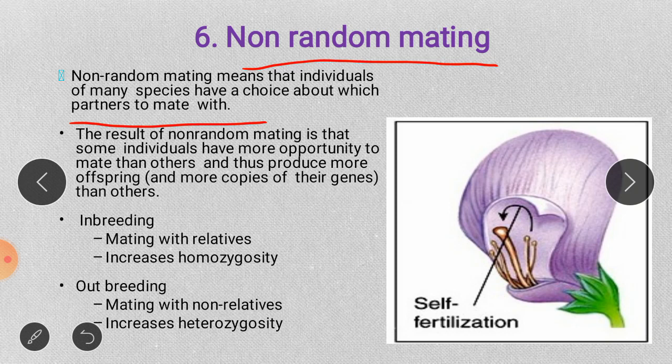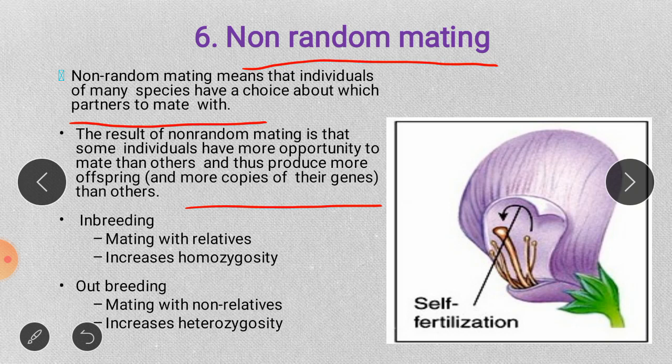So due to that, some individuals will get more opportunity to mate than others and thus produce more offspring, or more copies of their genes, compared to other individuals.